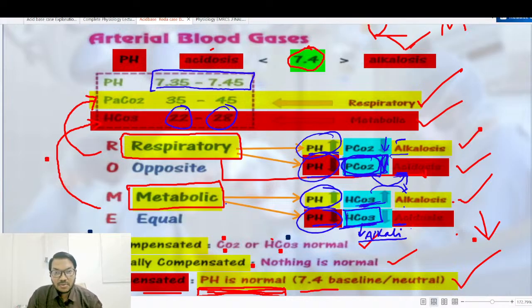Now our body has done something. Normally, our body is always successful in regulating this, and it keeps the balance and maintains the pH. But if they fail, or if the patient is a COPD patient, or a septic patient, or a hypovolemic patient, or a post-traumatic patient, anyone who is not normal, then their body cannot maintain it.